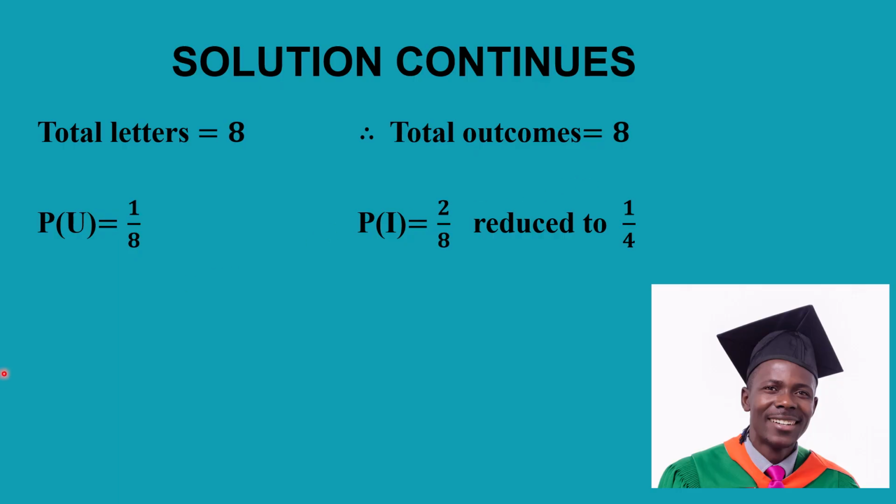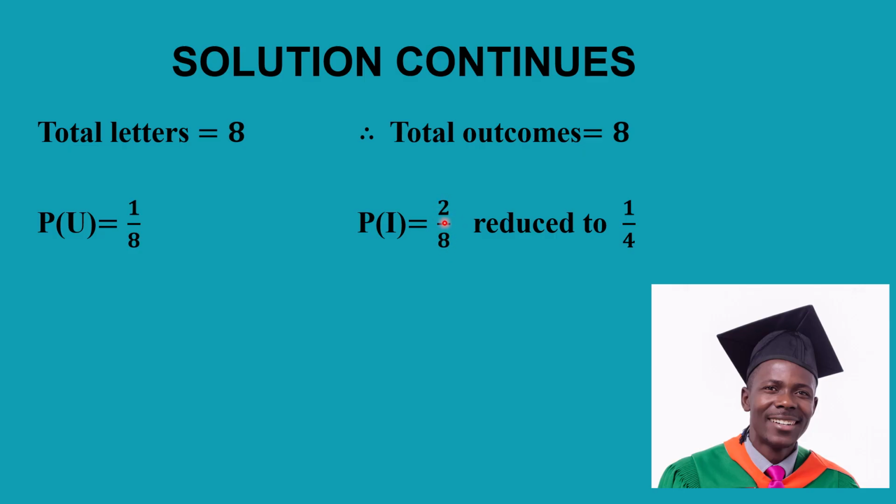Now take note, the probability of picking a U is simply 1 out of 8. Meaning in the word musician, U is going to appear once out of 8 letters. And I is going to appear 2 times out of 8 letters.